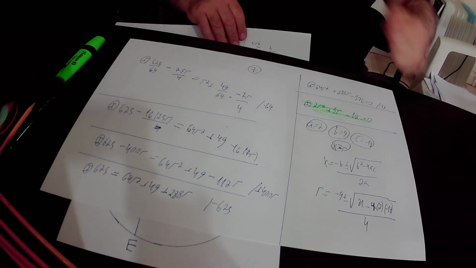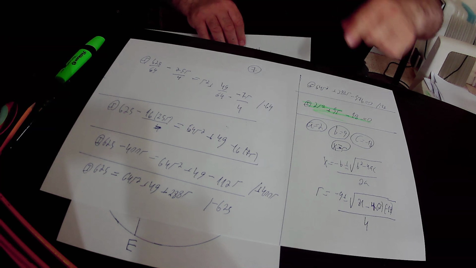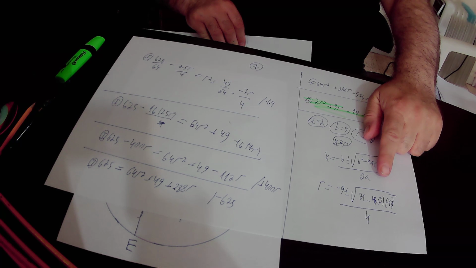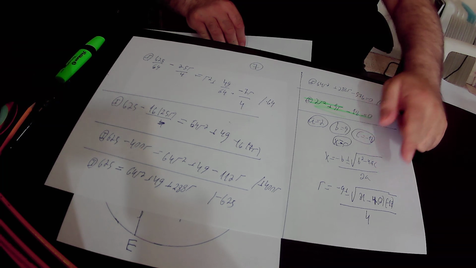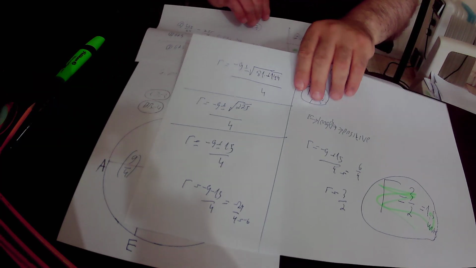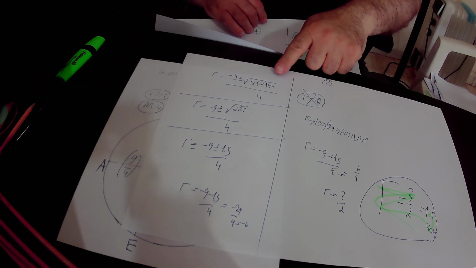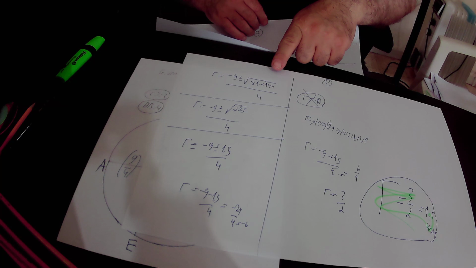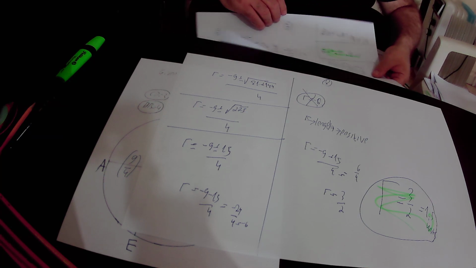Okay, so here we have inside the root minus 4 times 2 is minus 8, and minus 8 times minus 18 is plus 144. So inside the root we are left with 81 plus 144, and then we have minus 9 plus minus the square root of 81 plus 144, over 4.